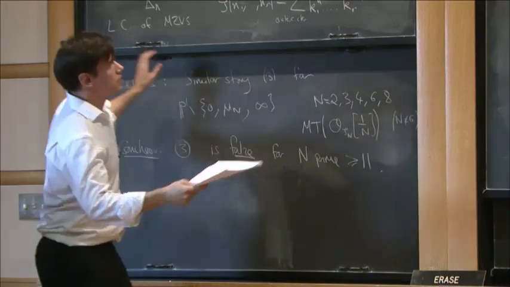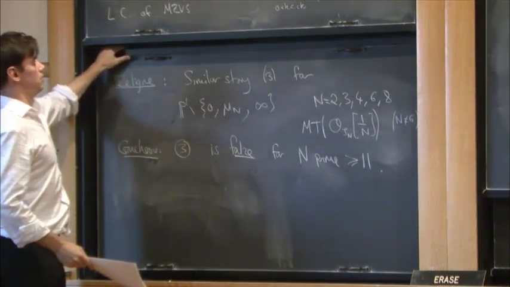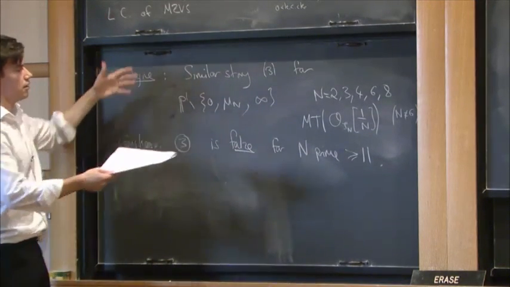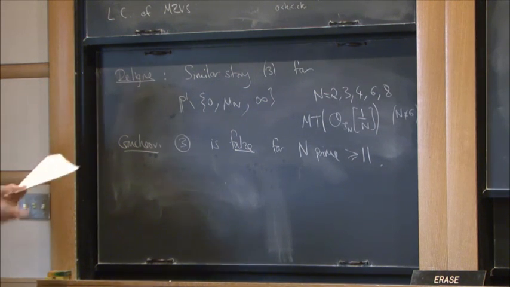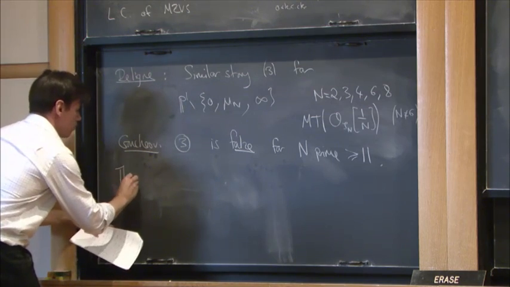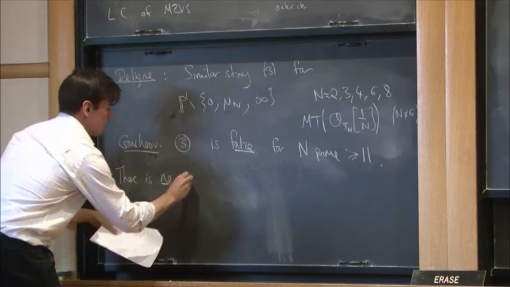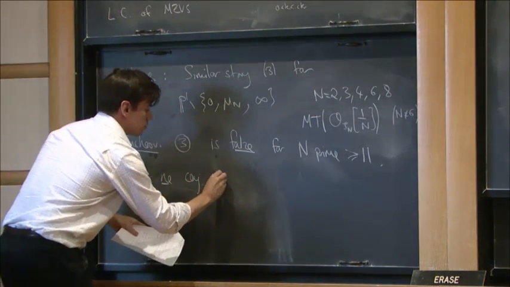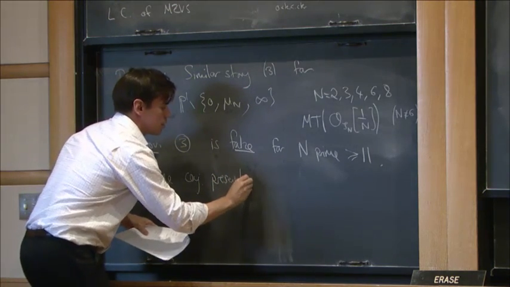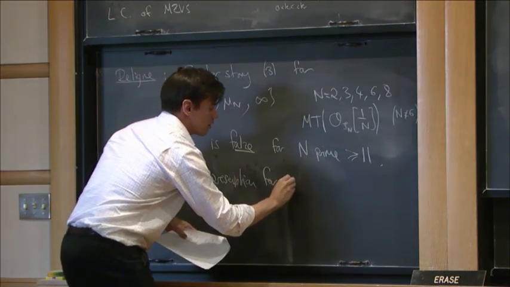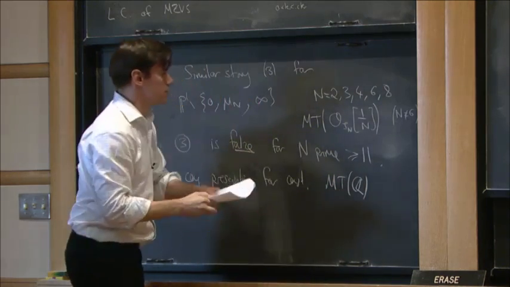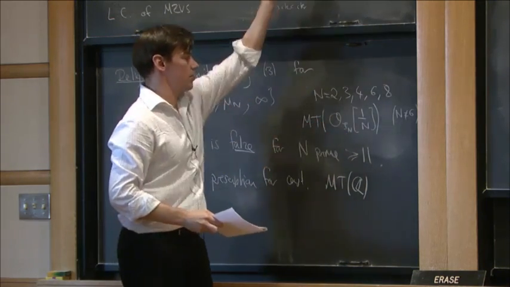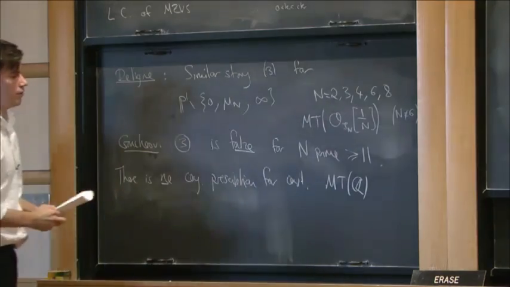So I apologize, this is a slightly straw man argument, but this suggests to me that this whole story has flaws. And one such flaw is that there is no conjectural prescription, for example, for constructing the mixed Tate motives over Q. The problem here is that we want to invert primes and we end up going into larger number fields.